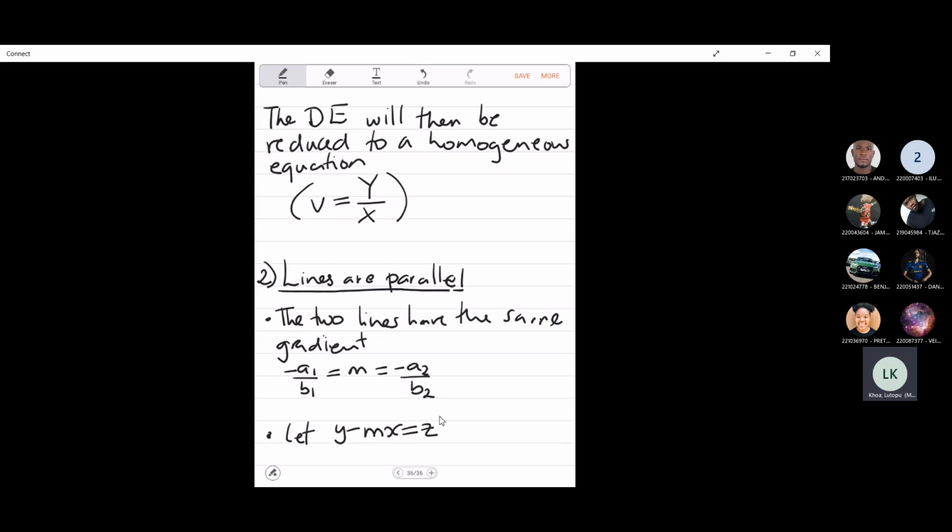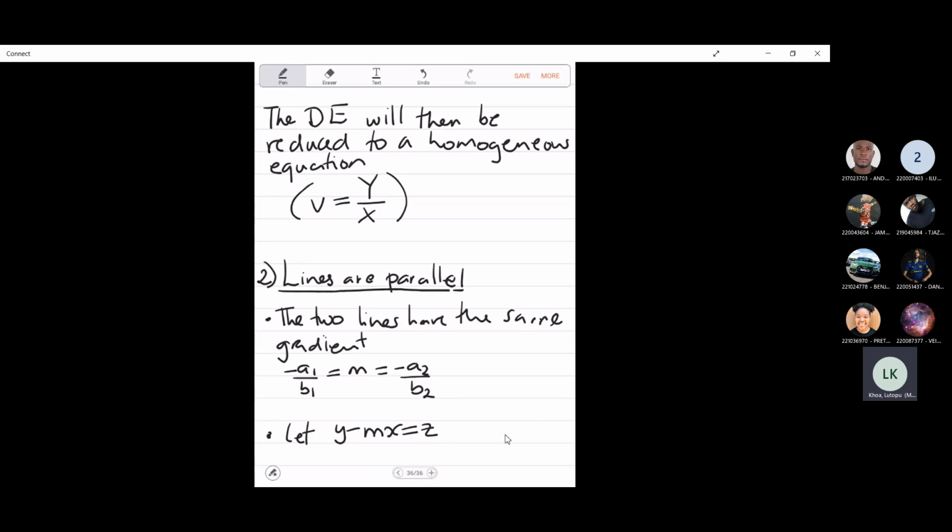And here z is some function of x as well. Okay, so this m, it's that one and it's that one because they are the same. So you just need the gradient of one of them because they have the same gradient.